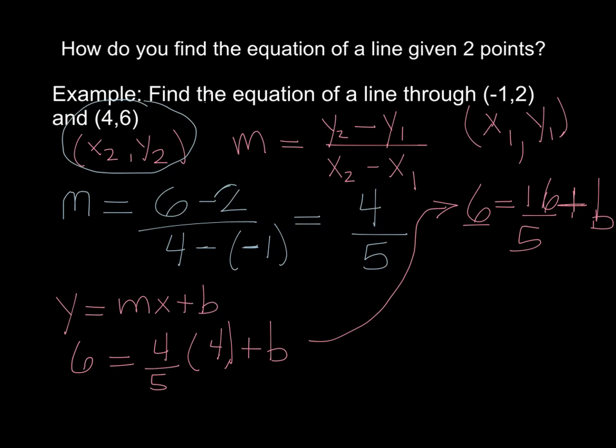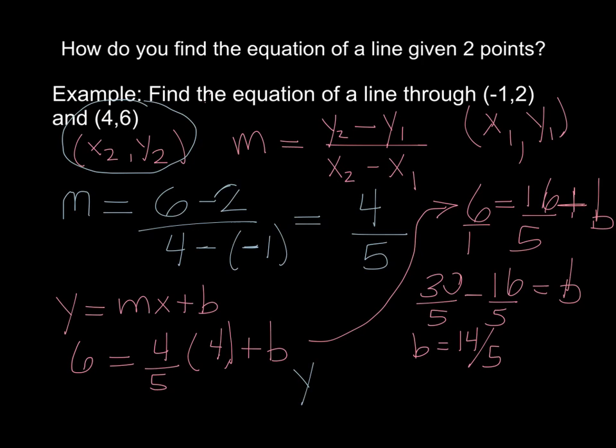If I change 6 into fifths, it's going to be 30/5 minus 16/5 equals b. And so we'll get b equals 14/5. So for my final answer, we'll get y equals 4/5 x plus 14/5.